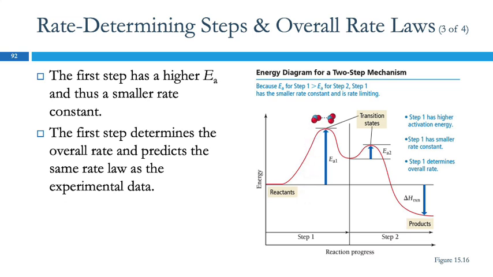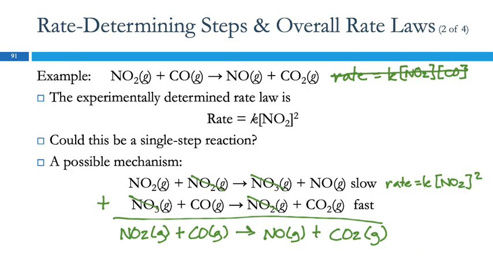So in this example, because the first step is the slow step, the first step determines the overall rate, and thus it predicts the same rate law as the experimental data. And so that's what we saw here.